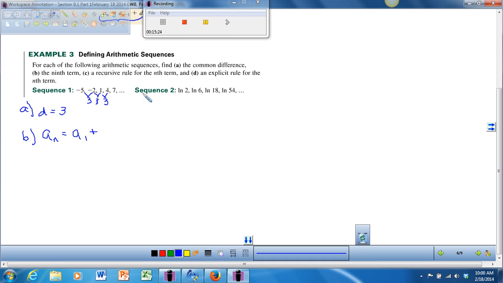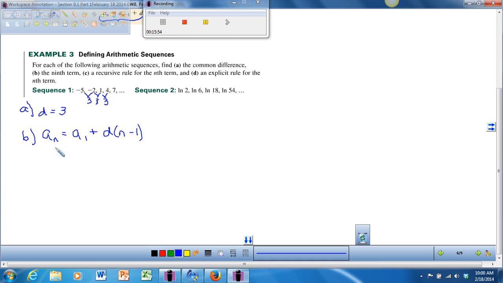So if I'm looking for the 3rd term, and I have the 1st term, how many times do I have to add d? 2 times, right? To get to the 3rd term, I add d once, and then I add d twice. So, if I am looking for the nth term, and I start at a sub 1, I add d times how many times? n minus 1.